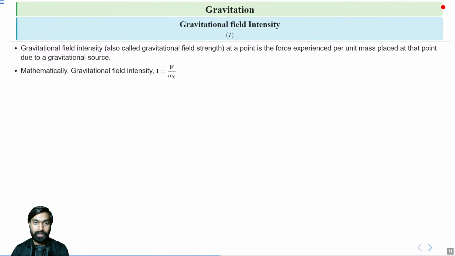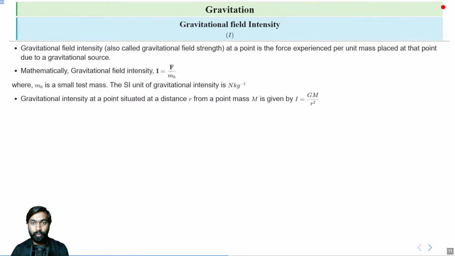Mathematically, the gravitational field intensity I equals force upon m naught, where m naught is a small test mass, and the SI unit of gravitational field intensity is Newton per kg.